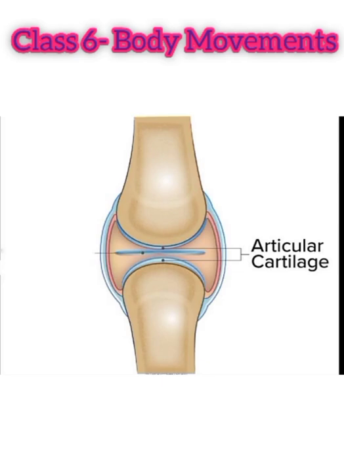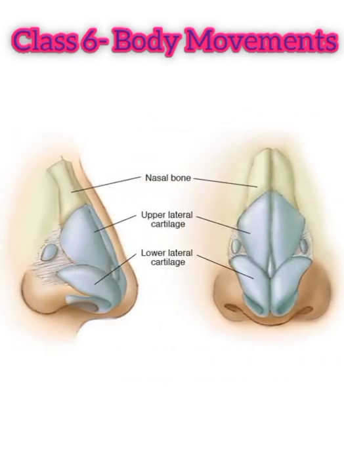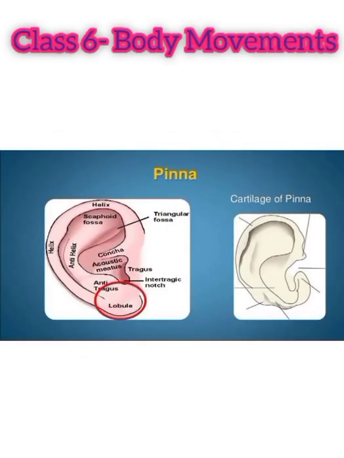It is found in the nose. Here you can see the blue part, that is actually the cartilage. Then it is also found in the ears, in the pinna region. You must have seen this, the cartilage of the pinna, shown on the right hand side. And in the trachea also it is found, which cannot be seen from the outside, but it is present in the trachea.